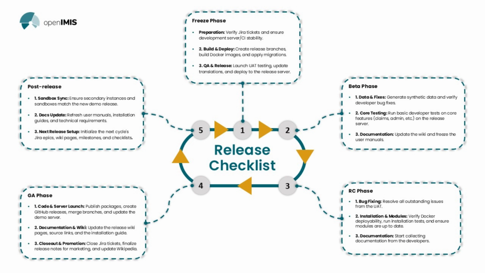Then we equally have installation of the different modules, where we verify that the Docker is deployable. Installations are able to be run successfully, especially for the mobile and other installation versions that are there. Then we equally already start collecting information for documentation.